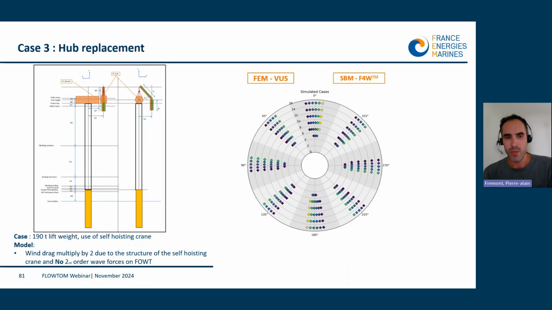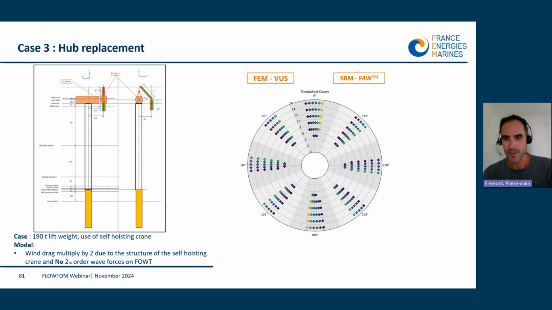This case has demonstrated that both floaters have similar behavior, and that's why we can conclude for the first case that this difference is not linked to the floater itself, but mainly to numerical simulations. And now we'll introduce the last case, which is a hub replacement.